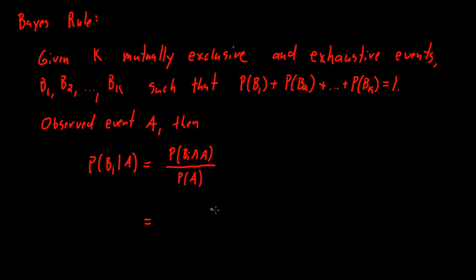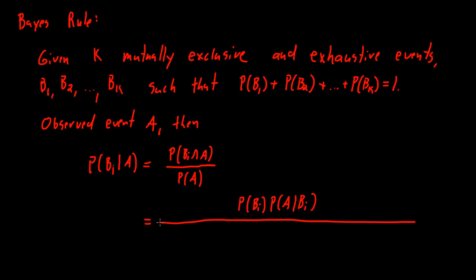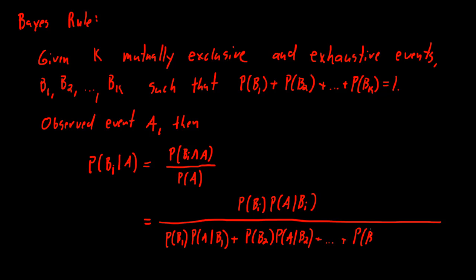We're going to get the probability of B sub I times the probability of A given B sub I divided by the probability of B1 times the probability of A given B1 plus the probability of B2 times the probability of A given B2 plus all the way up to the probability of BK times the probability of A given BK.